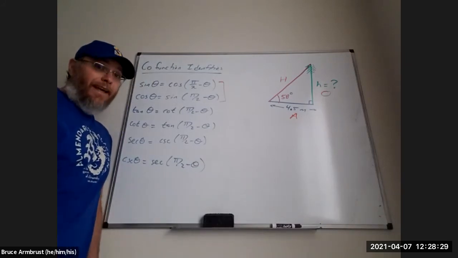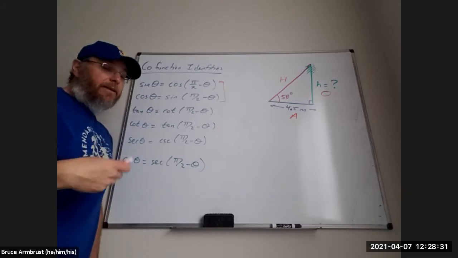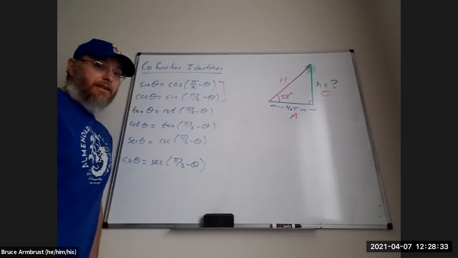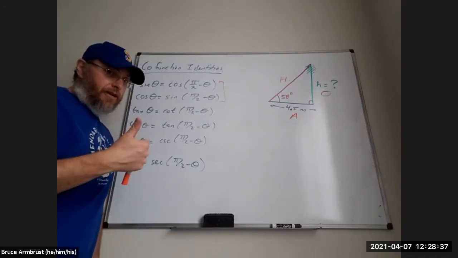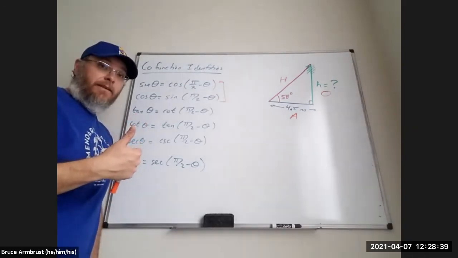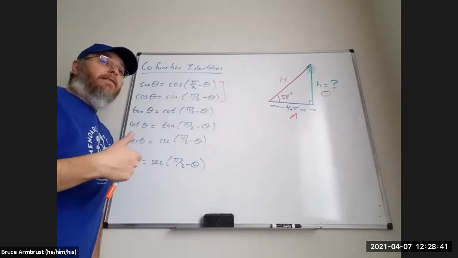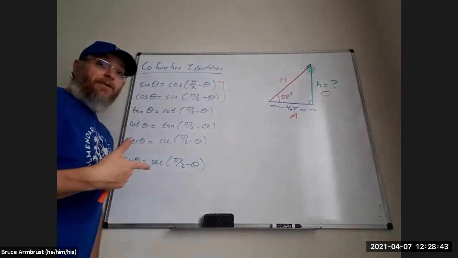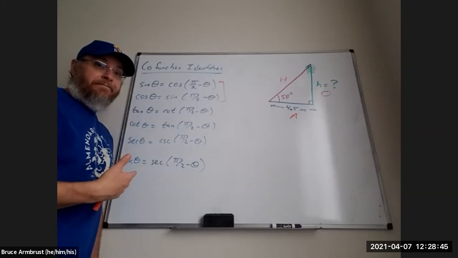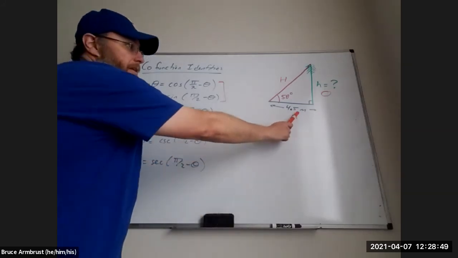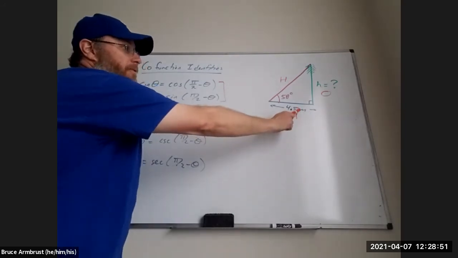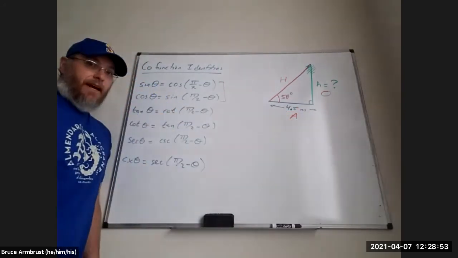Now, what we want is to pick the trig function that involves the height of the tree, the thing that we're trying to figure out, and one more side whose length is known. So in this scenario, the length that's known is this 4.5 meters, or the adjacent side.